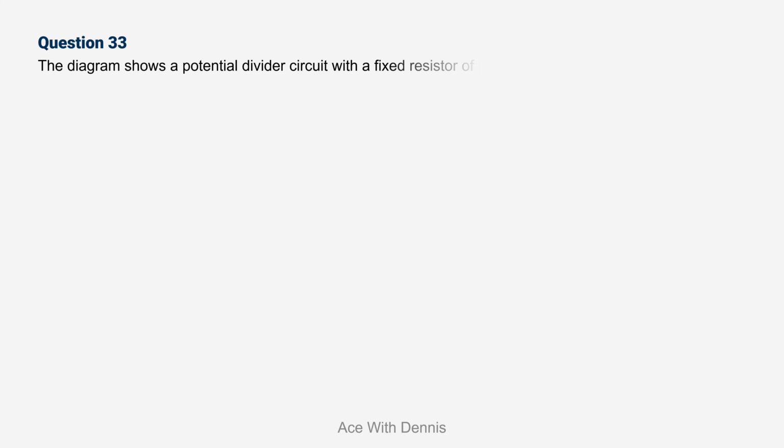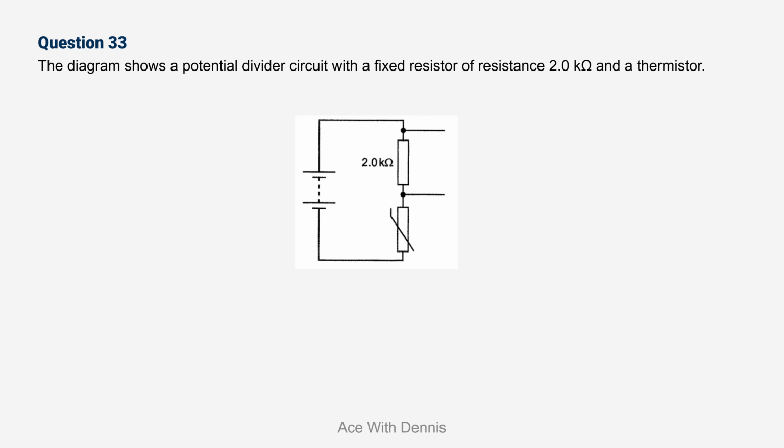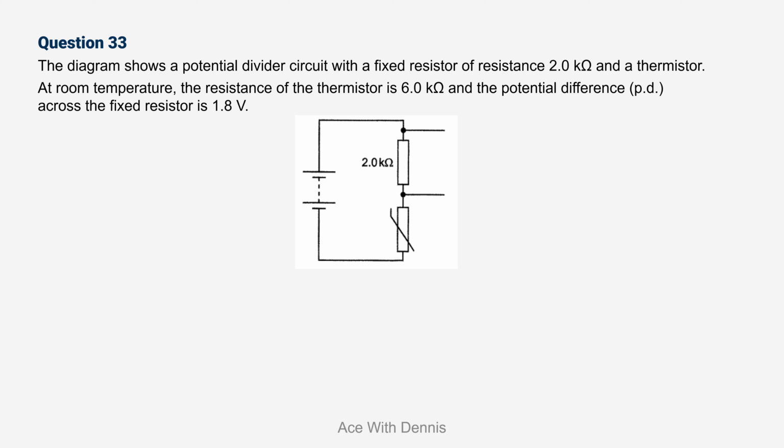Question 33. The diagram shows a potential divider circuit with a fixed resistor of resistance 2.0 kilo ohms and a thermistor. At room temperature, the resistance of the thermistor is 6.0 kilo ohms and the potential difference PD across the fixed resistor is 1.8 volts.